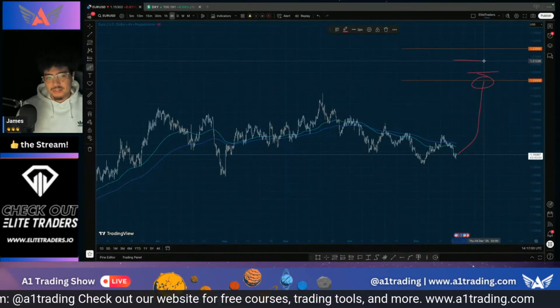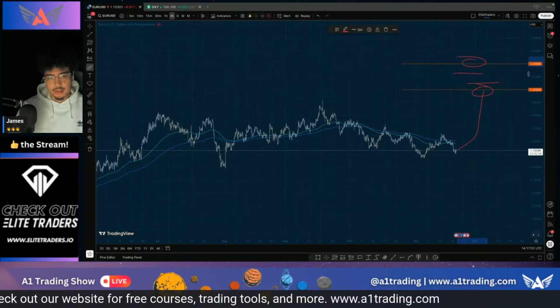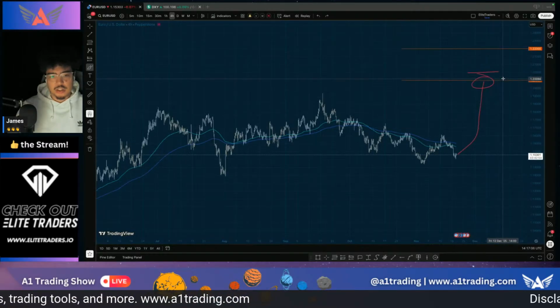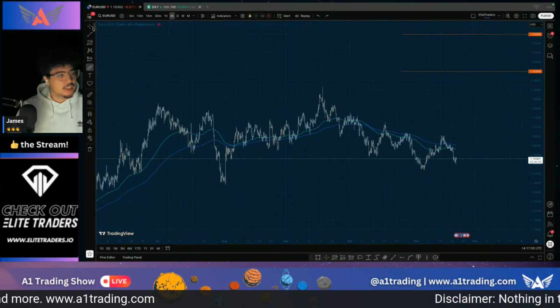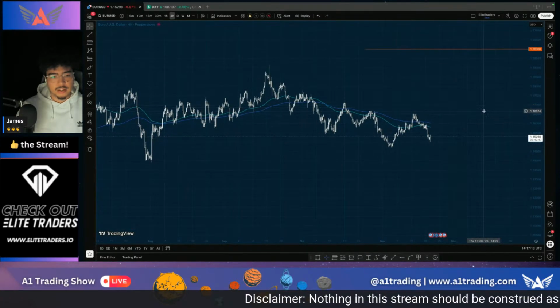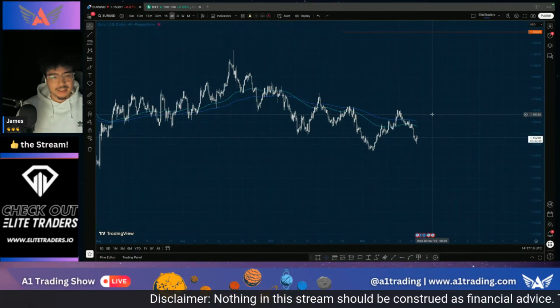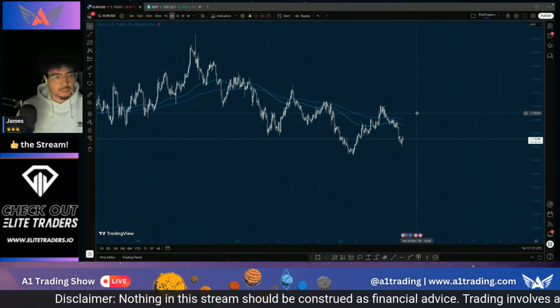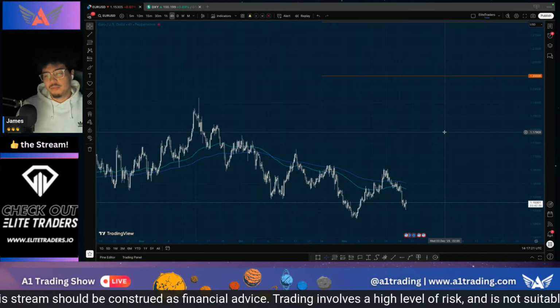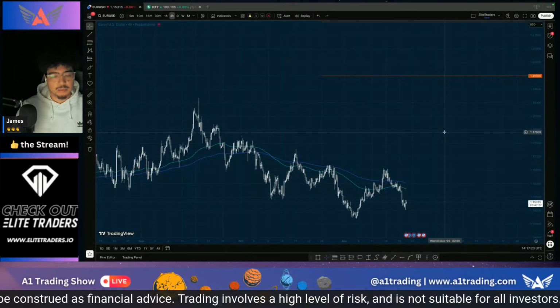Beyond there, to me personally, it seems a little bit of a risky play to try and trade it above 1.2, just because I think at that point we're going to start seeing a little bit of caution from the ECB in terms of the value of the euro. We might see a little bit of talk in the market there that it shouldn't really be higher. Obviously, when I say should, very loosely is how I'm using that word.